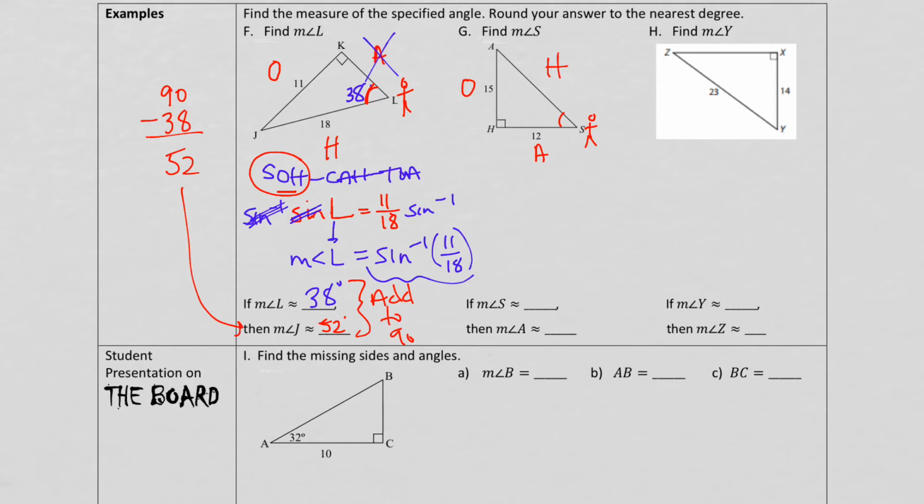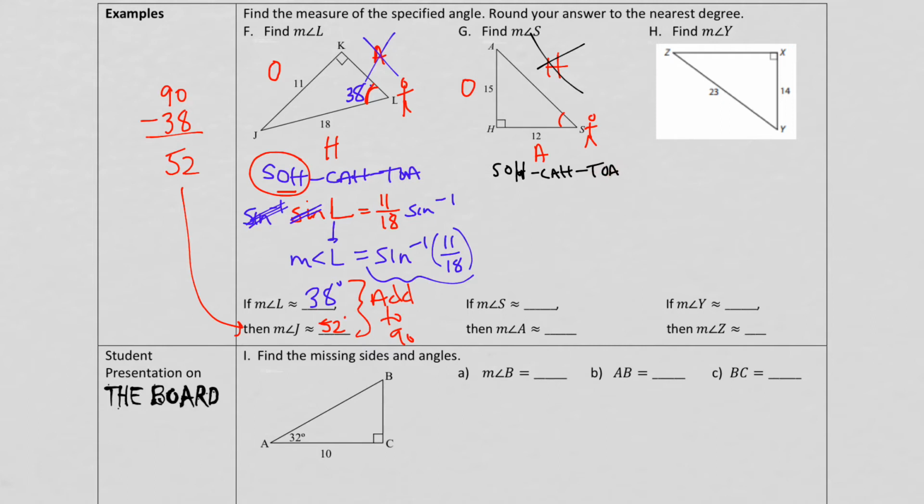Okay, at this point, using SOHCAHTOA, I'm going to decide which trig ratio to use based on what I have in my triangle. So in this case, notice how adjacent is 12, opposite is 15, but my hypotenuse has no value. So I'm not going to use the hypotenuse here. Because I'm going to use opposite and adjacent, that's going to be my tangent trig ratio.